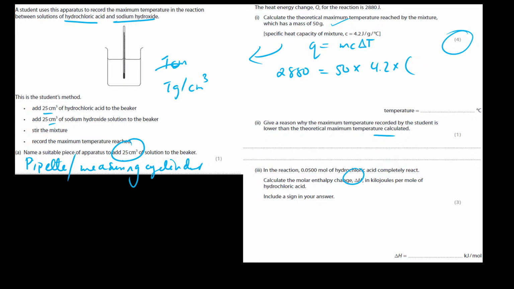Let's look at the calculation. Oh yes, I thought they were asking for the maximum temperature, but they're asking for the temperature change. And then you simply do this over 50 times 4.2.